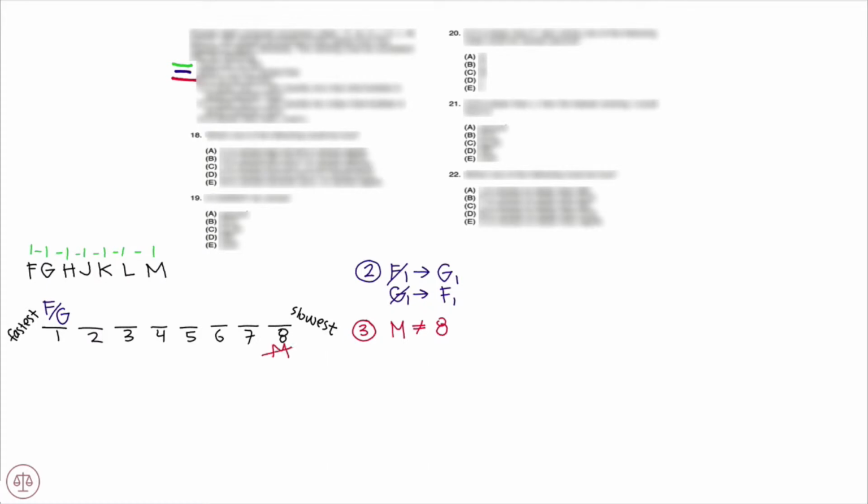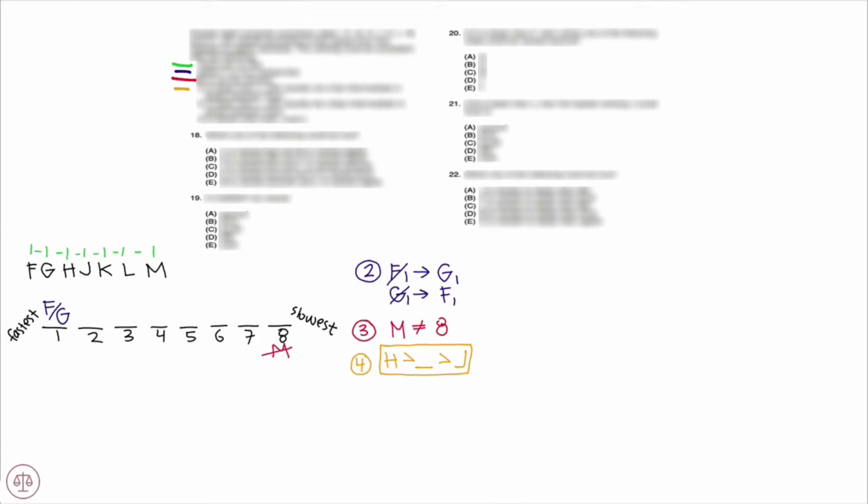So M, not 8th. Rule number 4, H is faster than J with exactly 1 chip intermediate in speed between them. So we have H faster than J, but there's 1 intermediate chip between them. And so this is a block, meaning J has 2 chips before it.